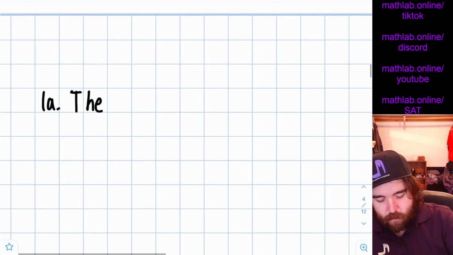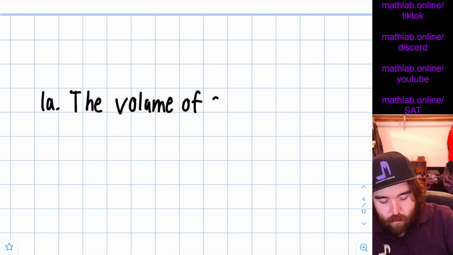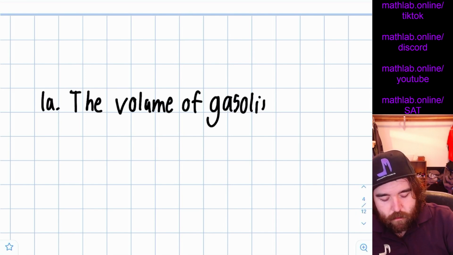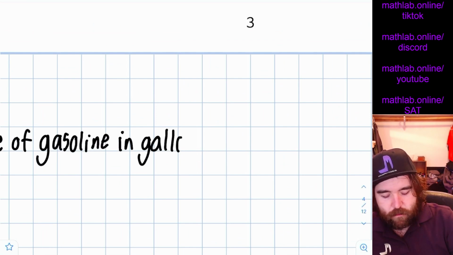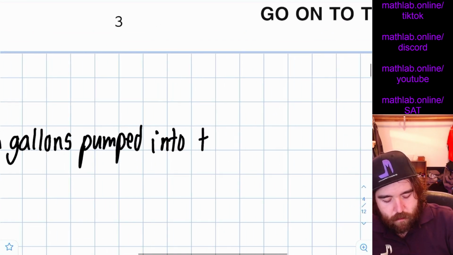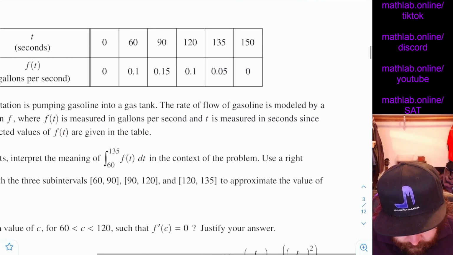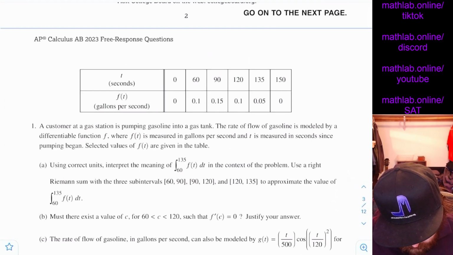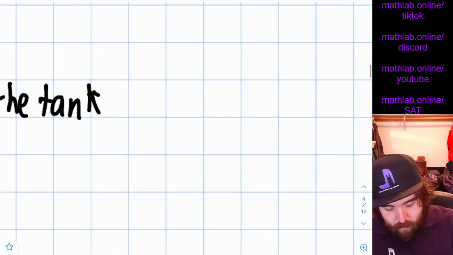The volume of gasoline in gallons pumped into the tank between 60 minutes and 135 minutes from beginning pumping into the tank.